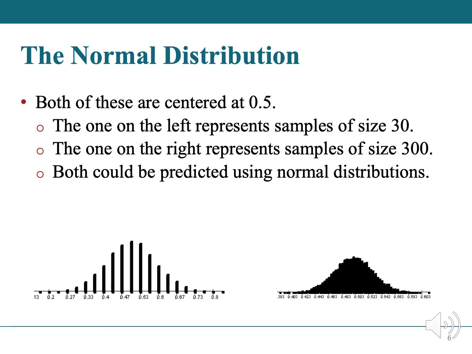Okay, so if we compared null distributions, the one on the left is a null distribution for a sample size of 30, and the other side, the one that's more dense, is a sample size of 300. And actually both of these, even though they're quite different, we can predict using normal distributions. So let's see what it takes to be able to use a normal distribution from a theoretical standpoint.